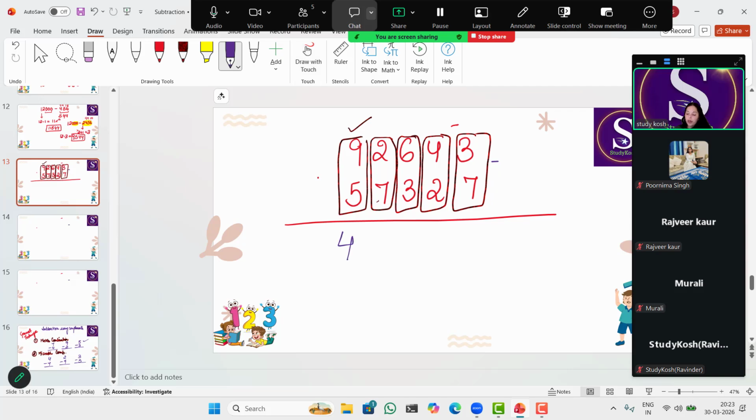So we'll cut this 2 and write 1. Then take the complement of 7, that is 3. Add this 3 to this 3. So it will become 6. This is the answer, 35316.